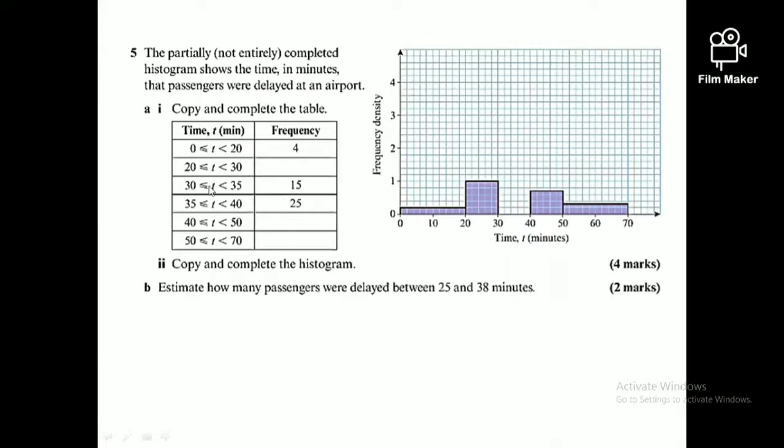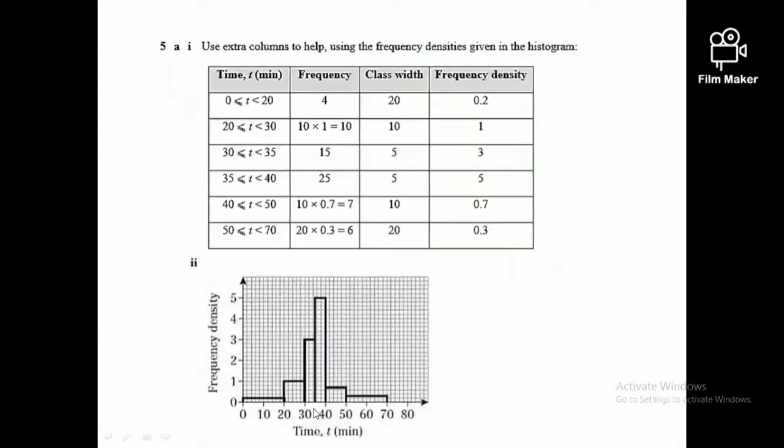Then 15 divided by 5 is 3. Then you have to draw a bar up to 3. I will show you from the next diagram. Here you have already drawn up to 3. From here to here, draw a bar up to 3. So you can say it's frequency density, so you can mark a bar over here, right?